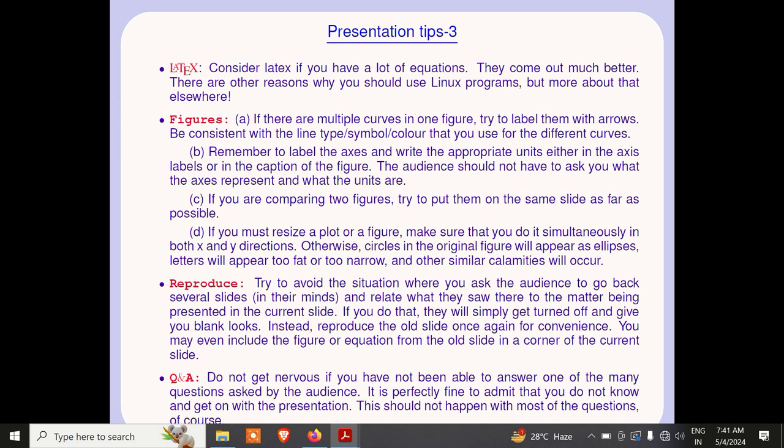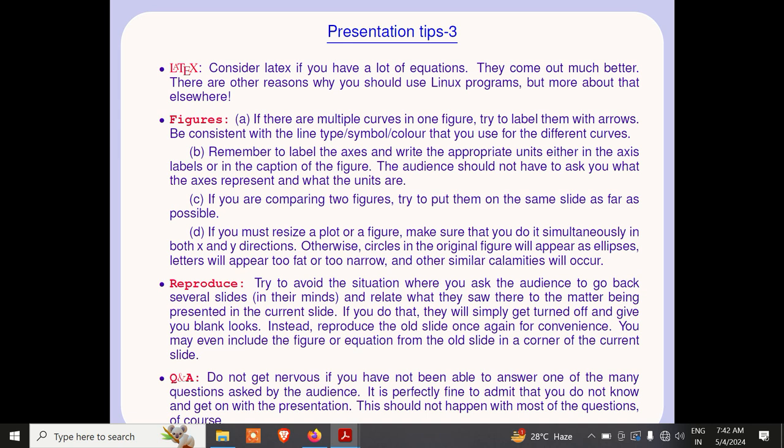Even while preparing the presentation slides, we prefer the LaTeX tool, because since it is a technical presentation, I am sure your presentation has a lot of equations. Instead of making images of the equations, it should be printable symbols.